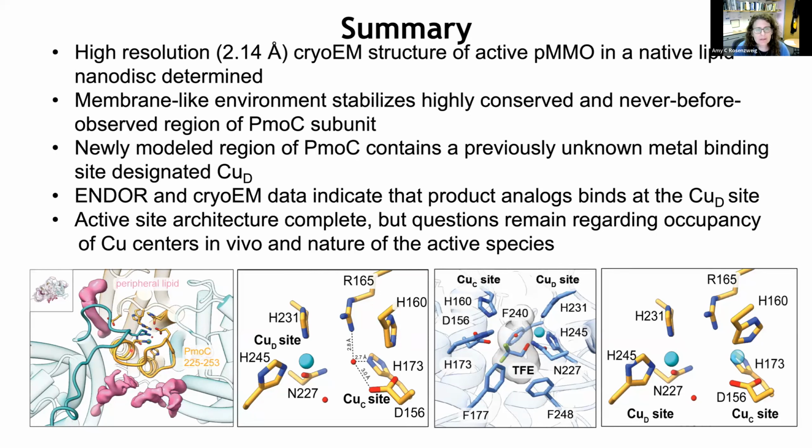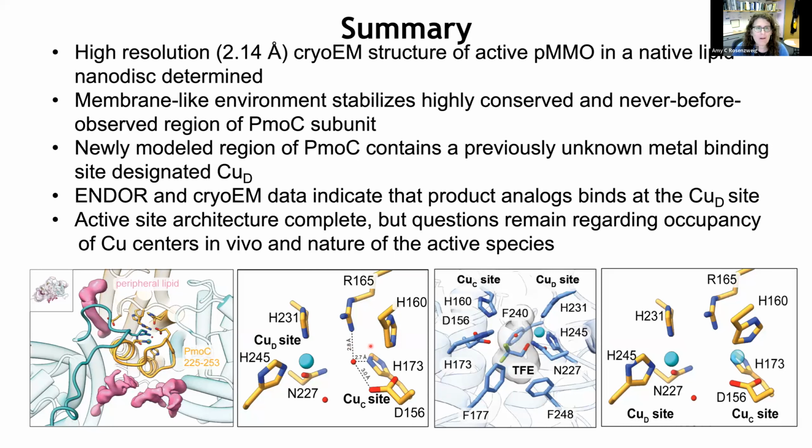We believe this is the active site region, and the next huge question that we would like to answer is, what is really going on with having these two sites here? It's very clear that copper D is occupied in these native lipid nanodiscs, but we have seen metal bound in this other site.